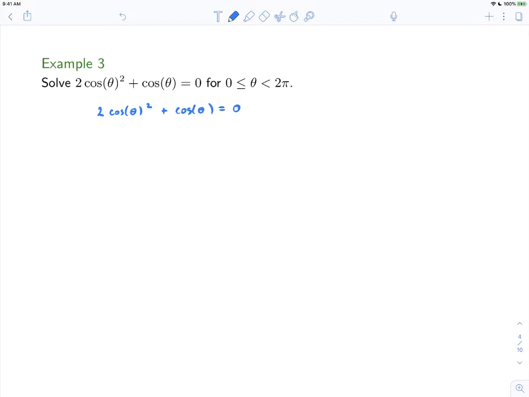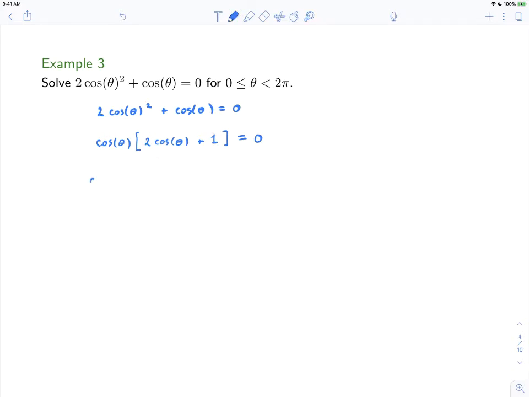So the first thing to do is to factor out a cosine theta. Don't divide by cosine theta because cosine theta might be 0. If you factor out a cosine theta, you'll have cosine theta times 2 cosine of theta plus 1 equal to 0. In order for this product to be equal to 0, one of the factors must be 0.